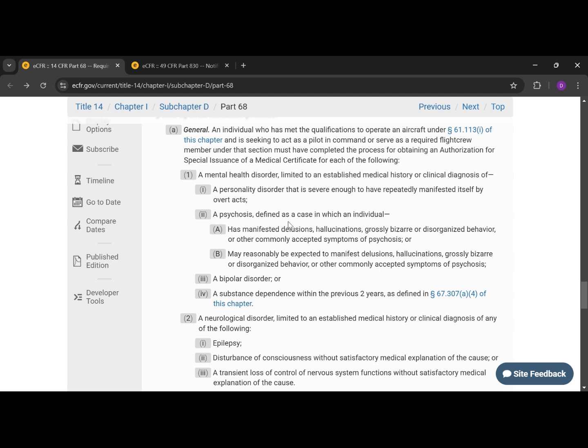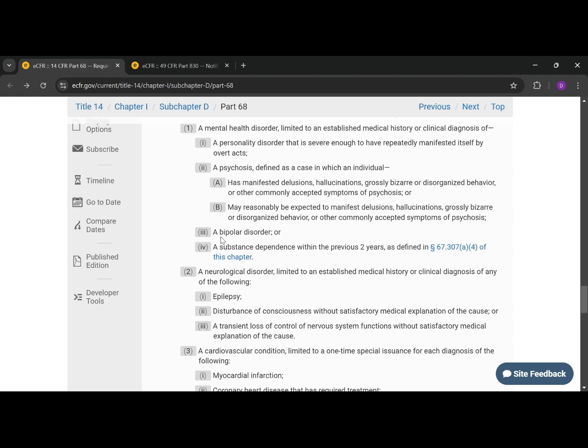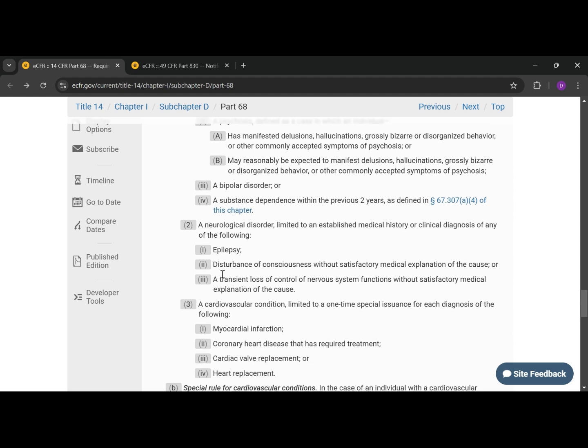A psychosis defined as a case in which an individual has manifested delusions, hallucinations, grossly bizarre or disorganized behavior, or other commonly accepted symptoms of psychosis, or may reasonably be expected to manifest delusions, hallucinations, grossly bizarre or disorganized behavior, or other commonly accepted symptoms of psychosis. A bipolar disorder, or a substance dependency within the previous 2 years as defined in 67.307(a)(4) of this chapter.